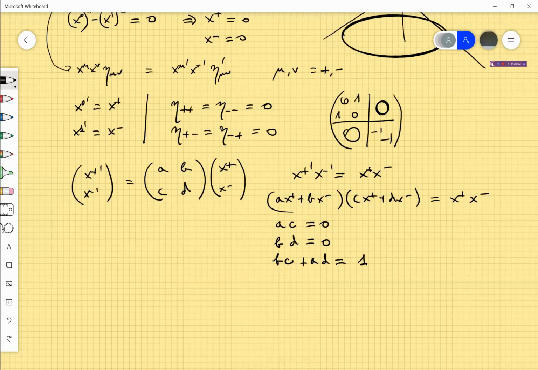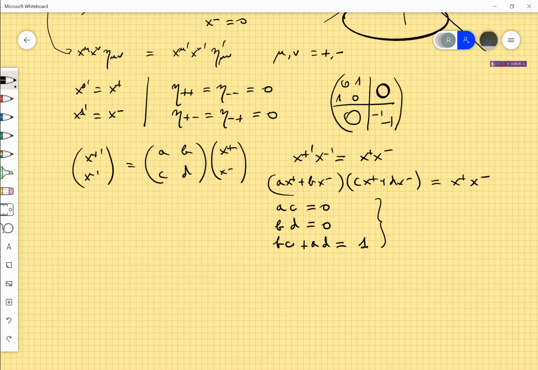So in order to solve these equations, we have to take into account that this matrix has to be invertible and also connected to the identity. So the determinant cannot be 0. And the only solution of these 4 conditions is that b and c are both 0.